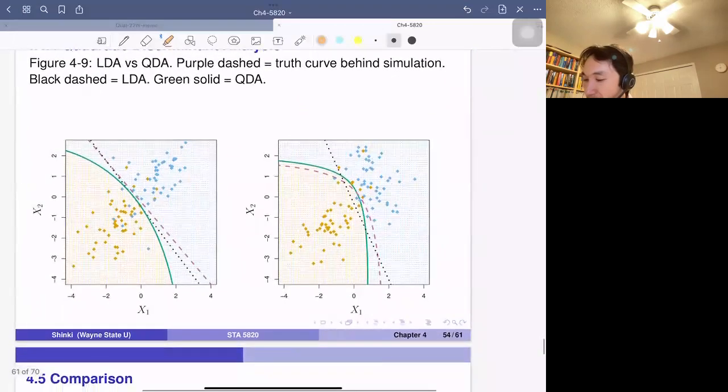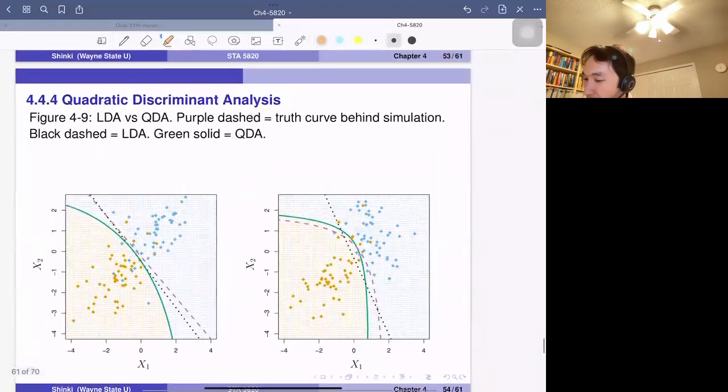So here is the performance comparison of LDA and QDA. At first, the true curve is the purple dashed line. This is a different simulation, and this is the case where the true boundary is linear.